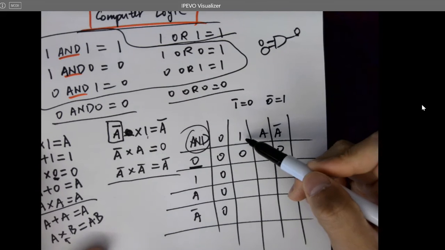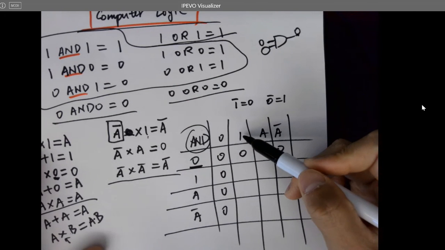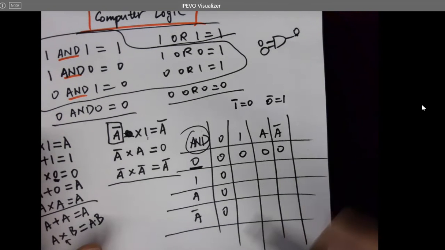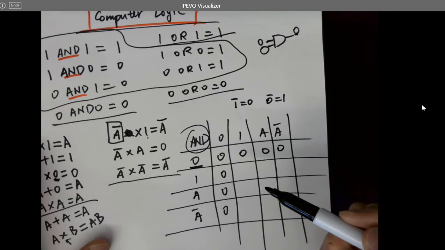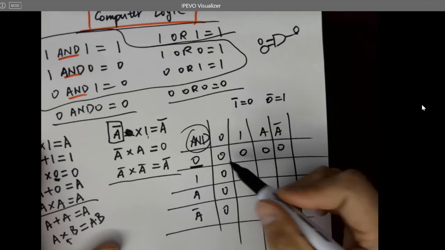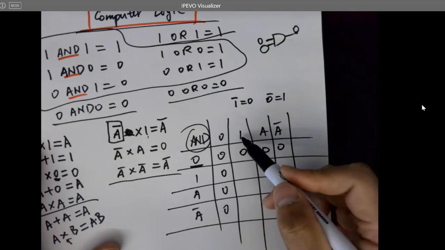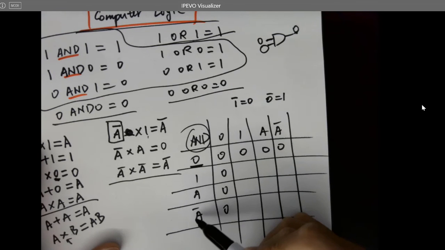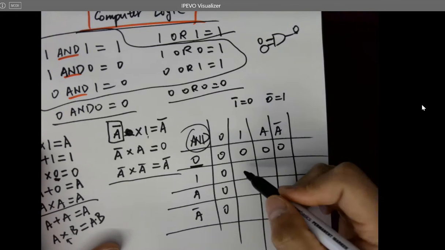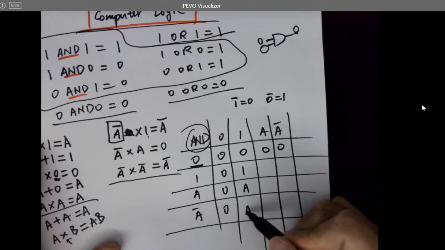And when 1 is being ANDed with anything, it's still that thing, still itself. So when 1 is being ANDed with these number logic symbols, you just directly write it down. It's not changing them.